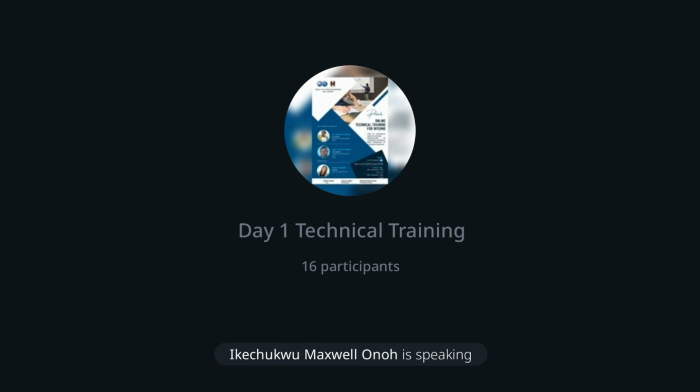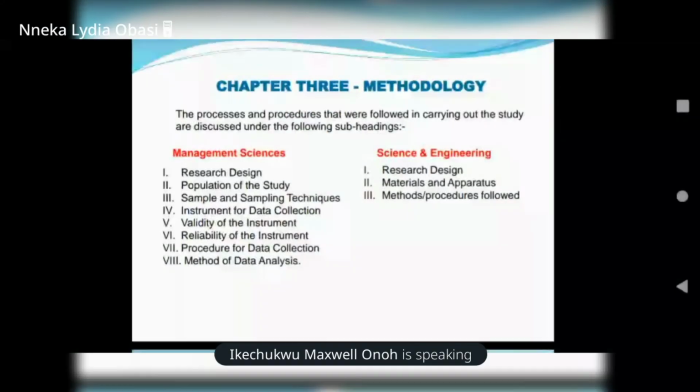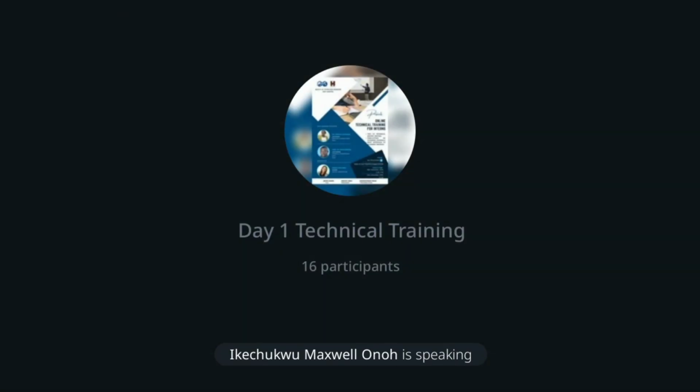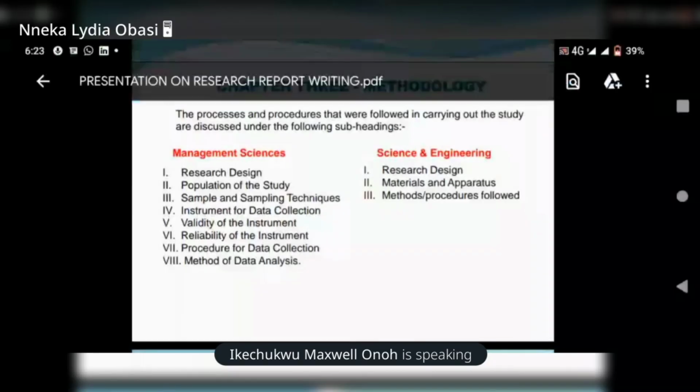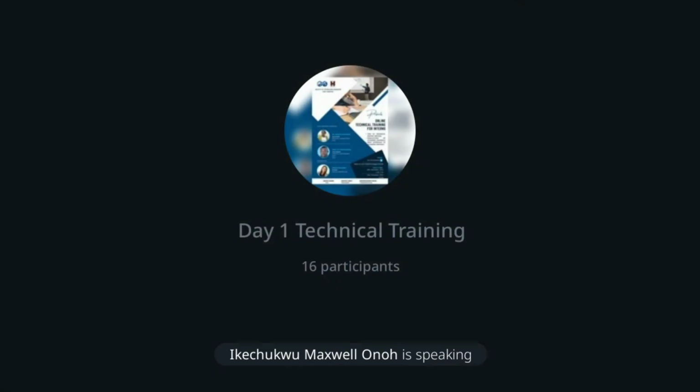Then for the instrument for data collection, what instrument are we going to use to generate our data? For science and engineering, your data collection comes from the experimental method, from experiments carried out in the lab, or from information from already made results, or from research relating to what we are doing.